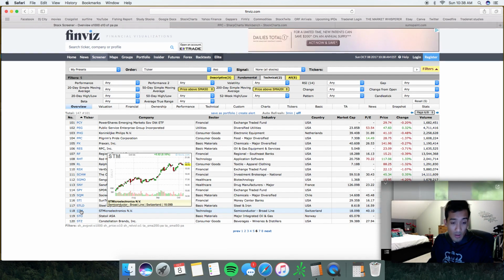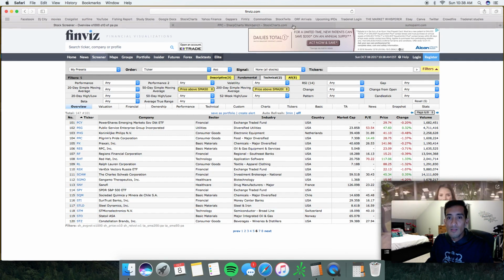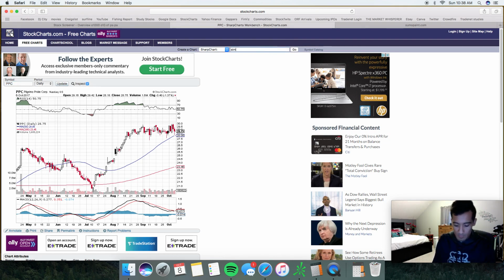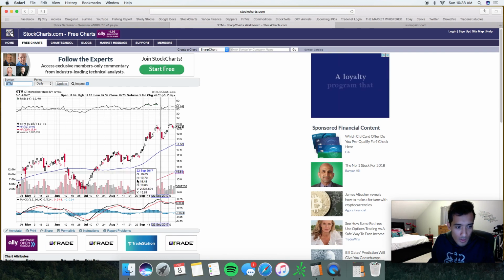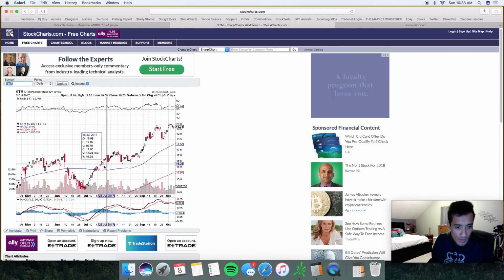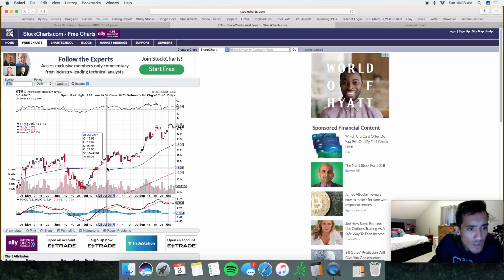STM over 20 looks pretty good, but let's see. Actually, no, I might have 2 touches. It's not perfect, but let's look at it real fast. STM. The only thing that worries me is that there's a lot of gaps. What is this? STM Microelectronics.